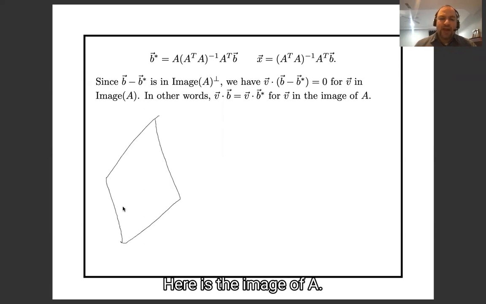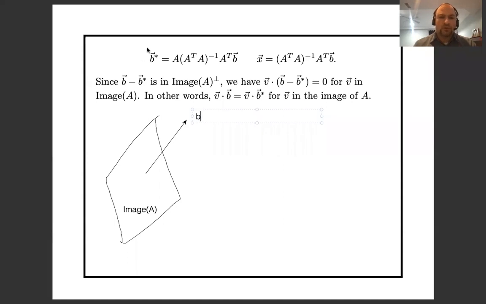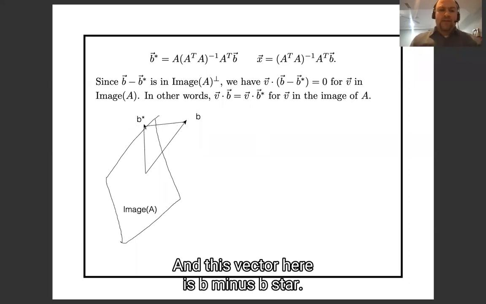Here is the image of A. Here is B. Here is B star. And this vector here is B minus B star.